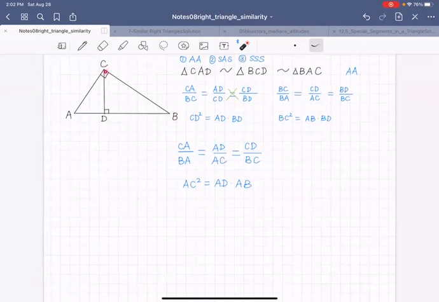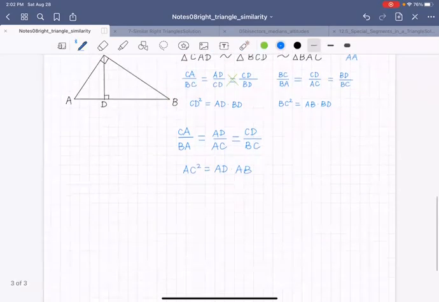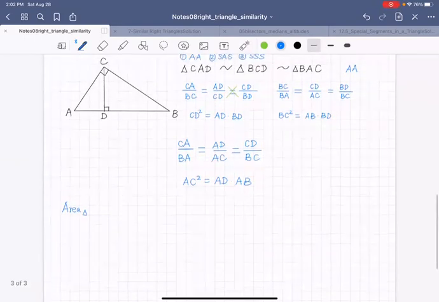Look here. As a right triangle, what's the formula to calculate this triangle's area? Area of ABC is 1/2 base times height. Who is the base?